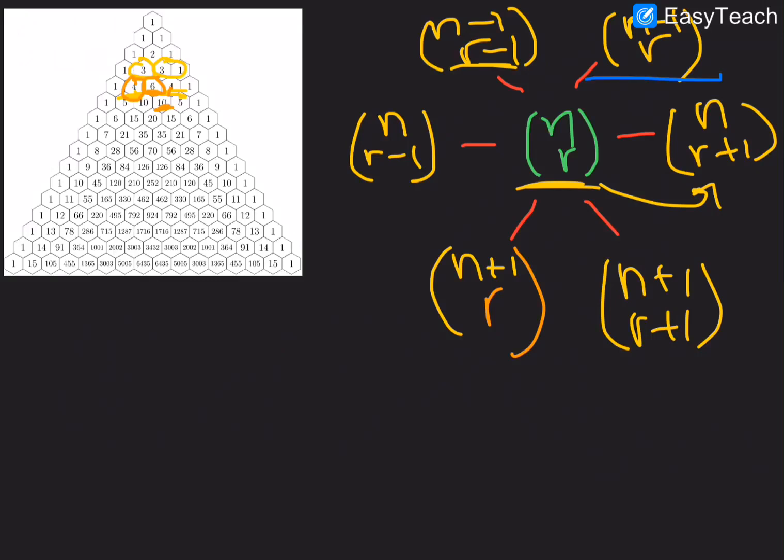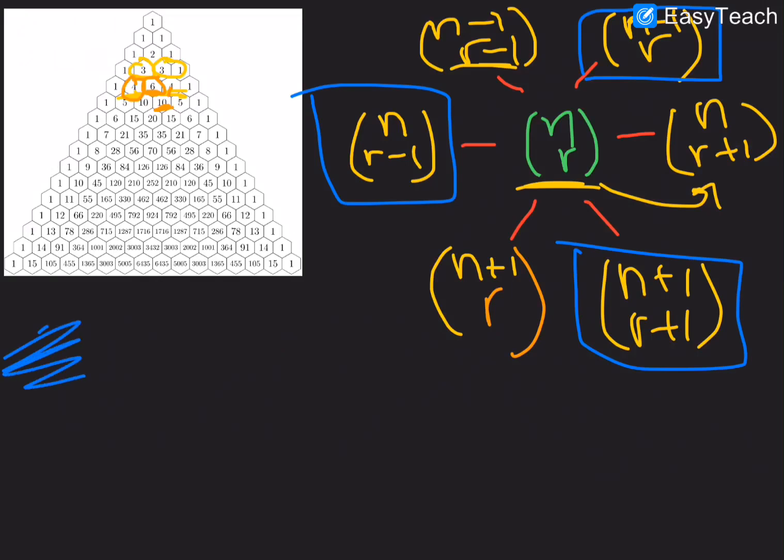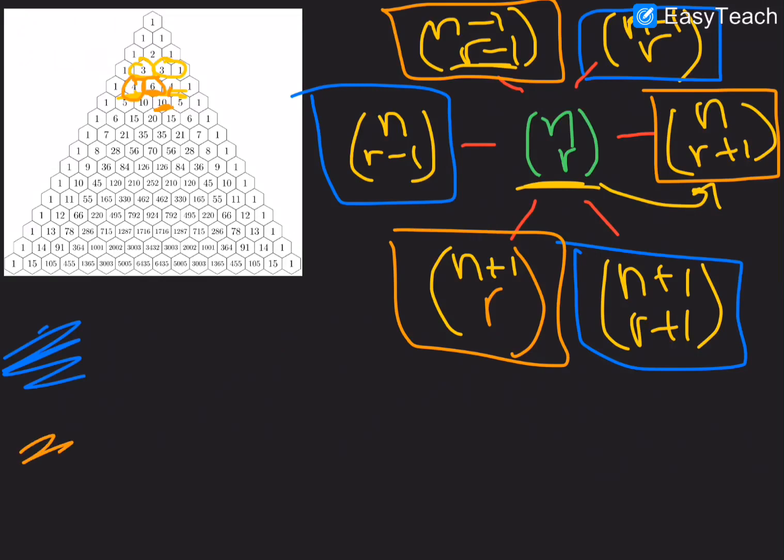Well, this number and this number, we're going to call that the blue group. And we're going to have this number and this number here. That's going to be the orange group.